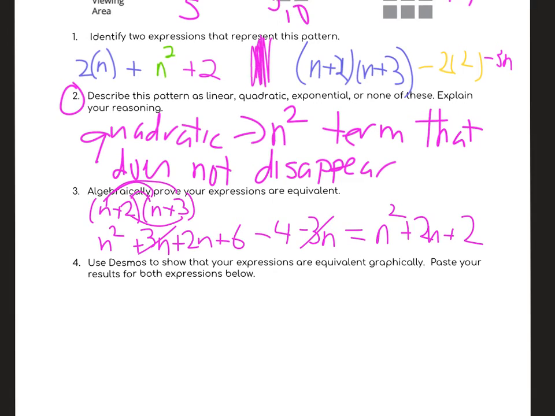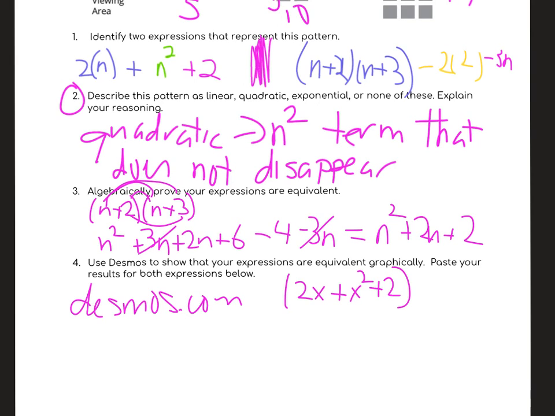Okay, so then use Desmos to show that your expressions are equivalent graphically. Paste your results for both expressions below. So what we want you to do is go to Desmos, which I can't do from this app that I'm in right now. You can Google it or go to desmos.com. Put one of your expressions, so the 2x plus x squared plus 2, into the first equation and take a screenshot of that.